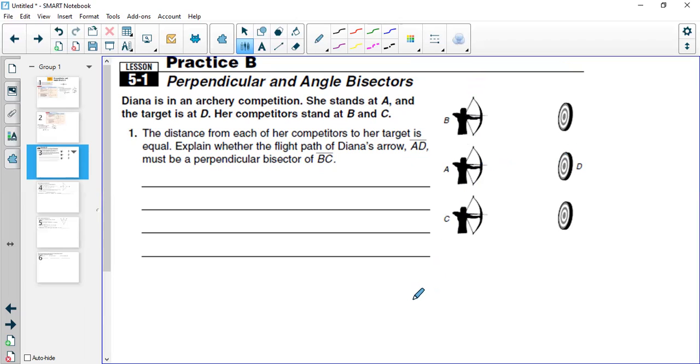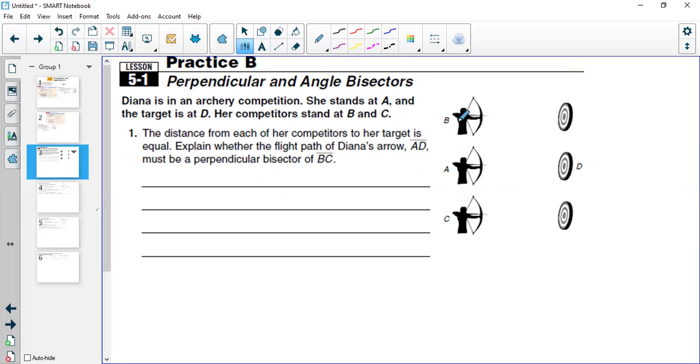Now, in which way you need to think really depends on how you are thinking. But now that you know the theorems, you can give one of the reasons. The reason I would explain is the flight path of Diana's arrow does not have to be a perpendicular bisector of BC, because if that becomes true, then Diana must be equidistant from each of her competitors.